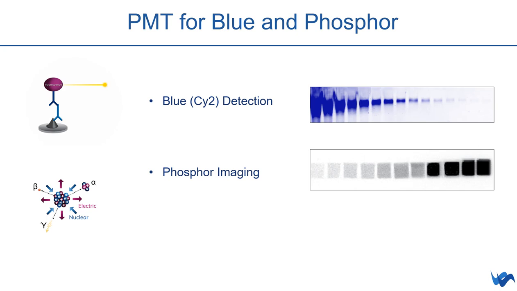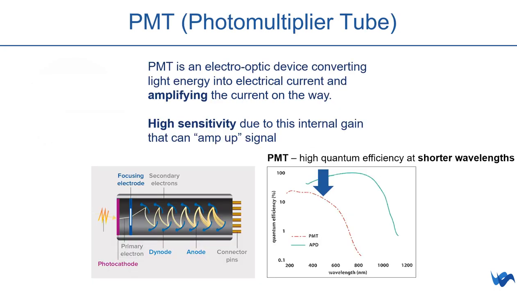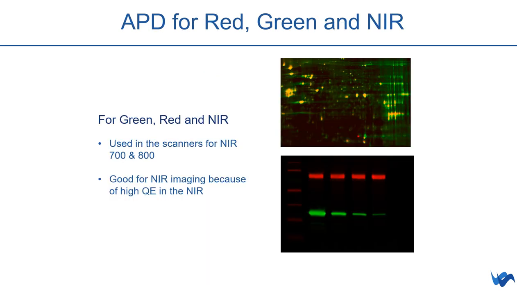We are using the photomultiplier tube for blue fluorescence and phosphor imaging. And the reason is that the photomultiplier tube gives you a higher quantum efficiency in the shorter wavelengths, as you can see here. On the other hand, we are using the avalanche photodiode for red, green, and near-infrared fluorescence.